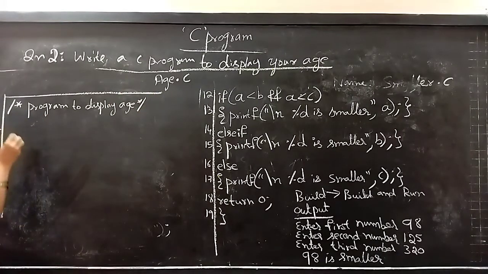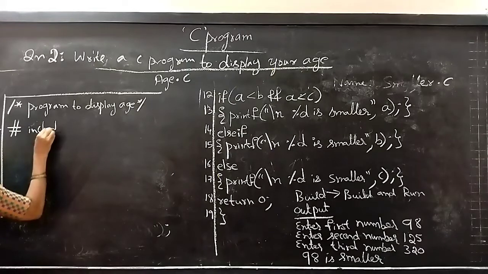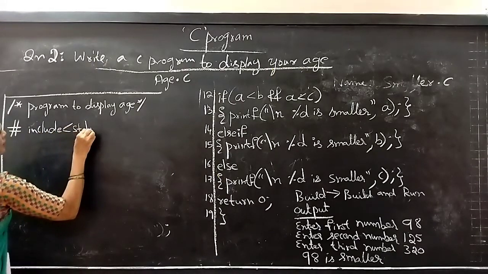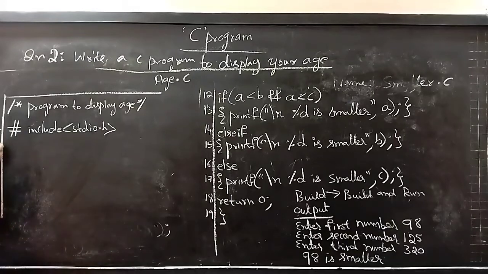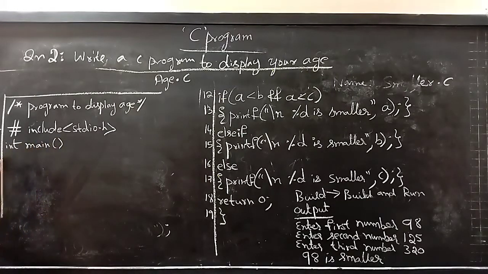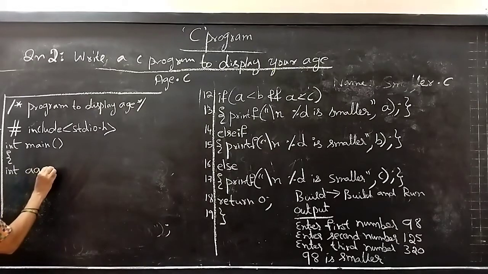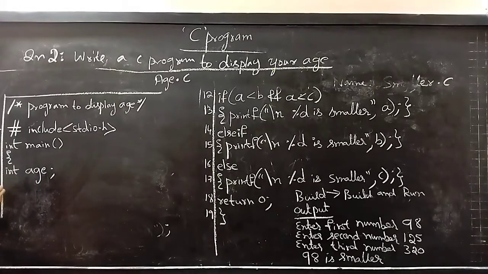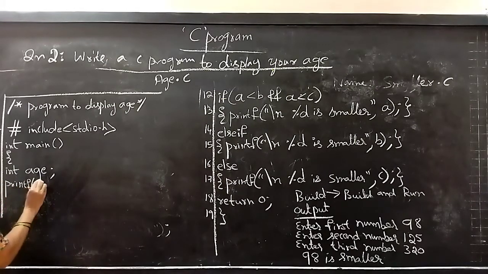Second line, you are going to get hash include stdio.h, and you have to write int main open bracket close bracket immediately, then open flower bracket, then you have to write int age semicolon, and sixth line you have to write printf open bracket double quote close bracket slash n.